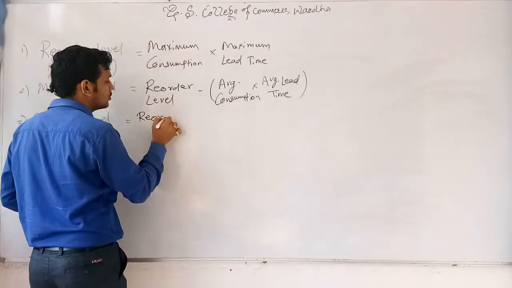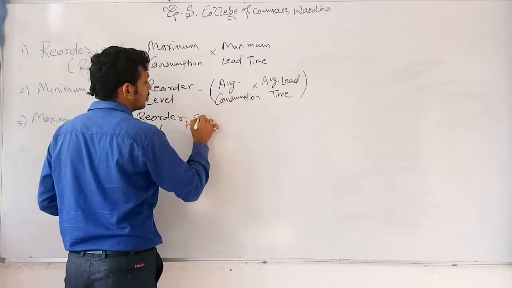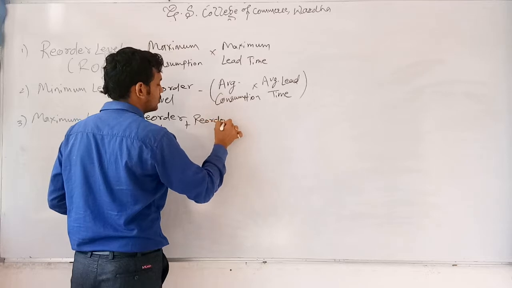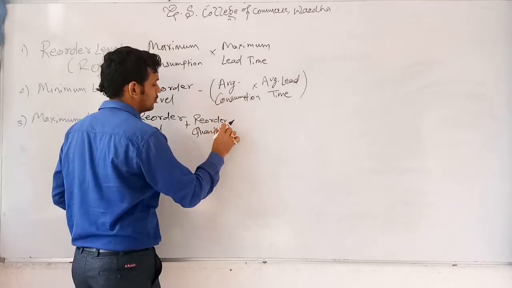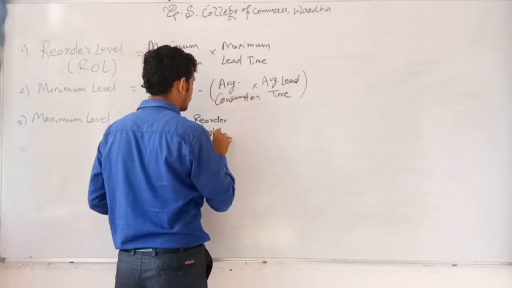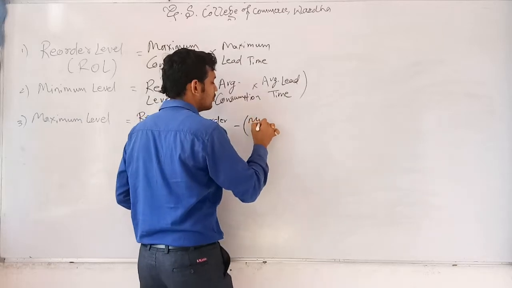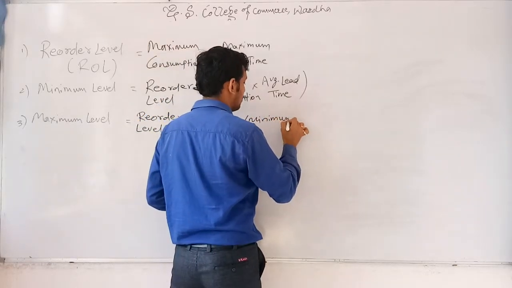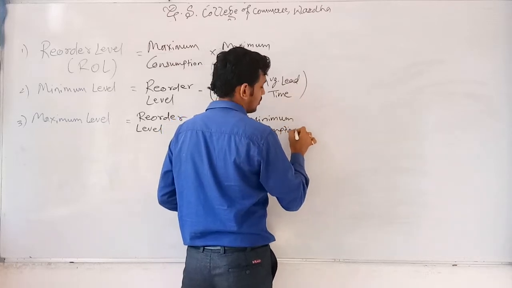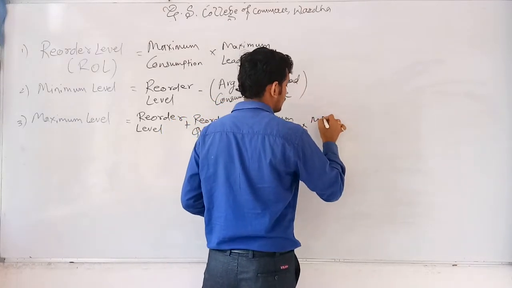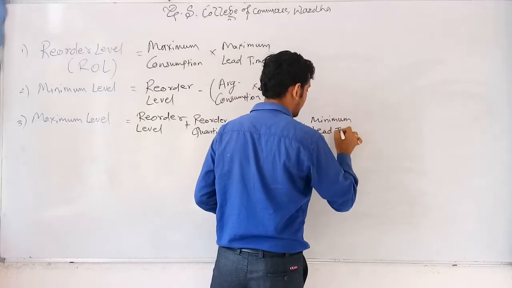Reorder level plus reorder quantity minus minimum consumption multiplied by minimum lead time.